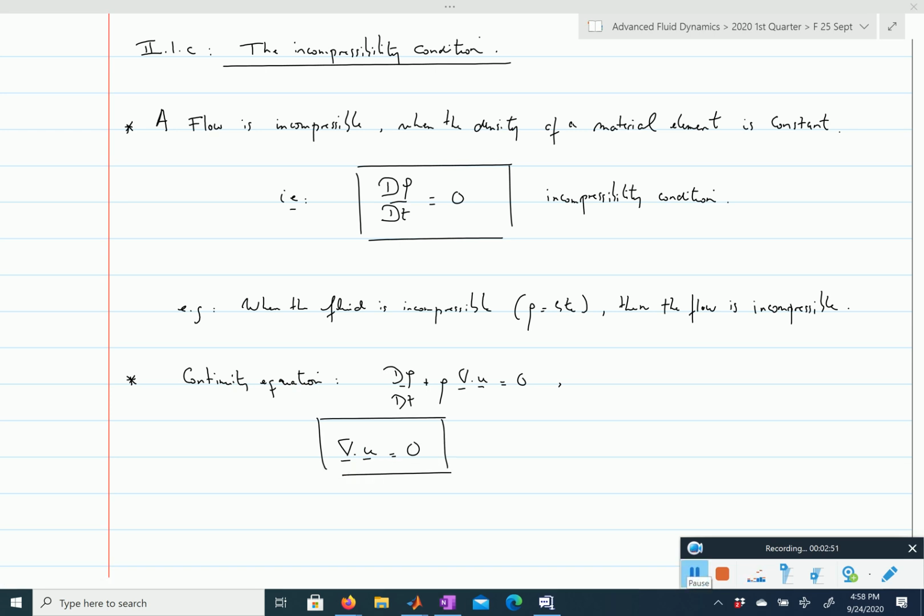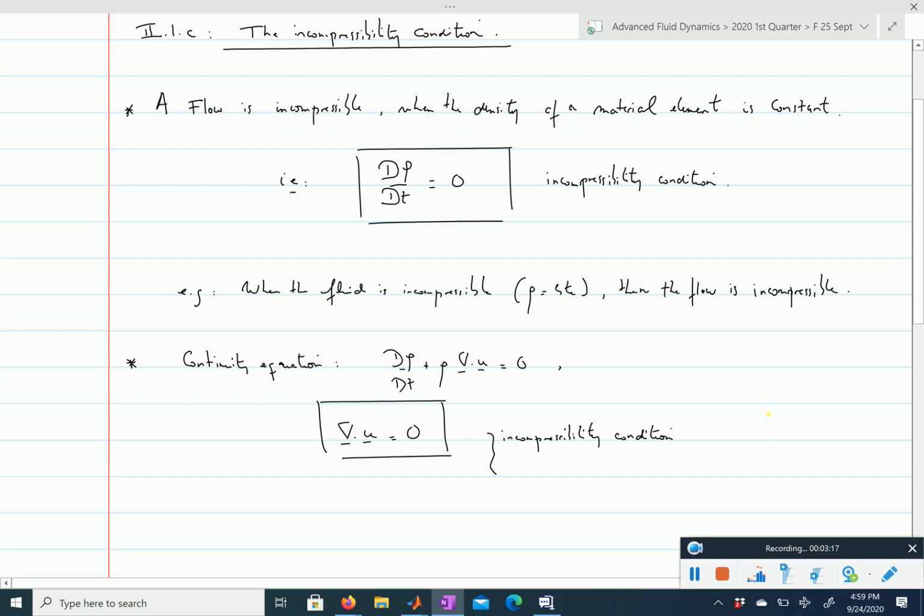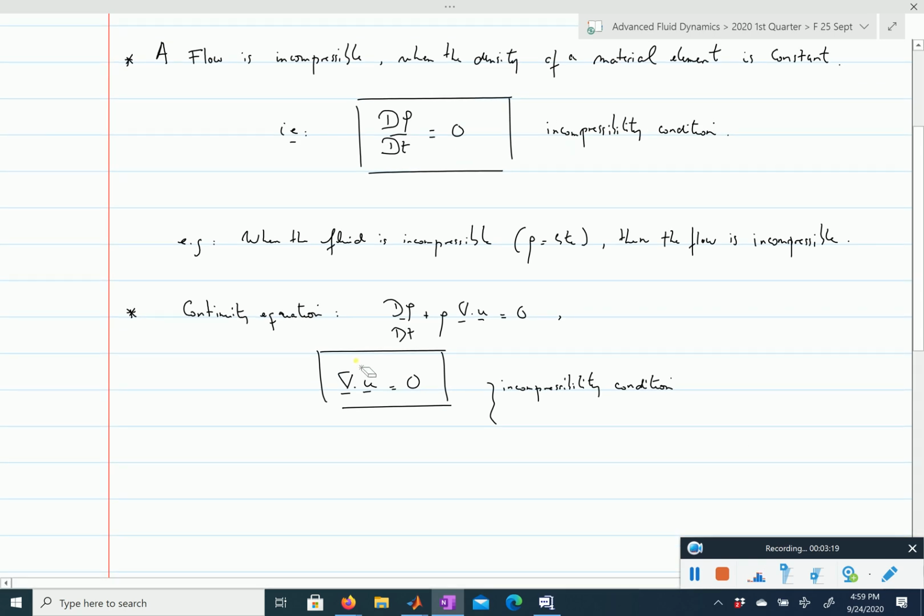So note that because of the continuity equation, because of mass conservation, this statement is equivalent to this statement. So sometimes you can use the divergence of u; in IFD, usually I would refer to the divergence of u being equal to 0 as the incompressibility condition, but I will also refer to it as the continuity equation for an incompressible flow.